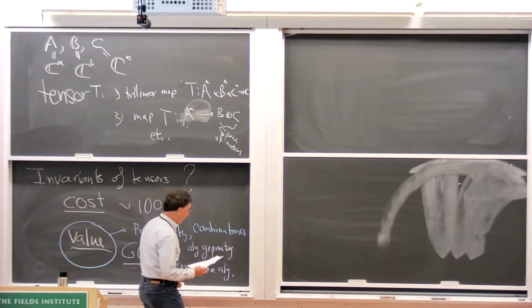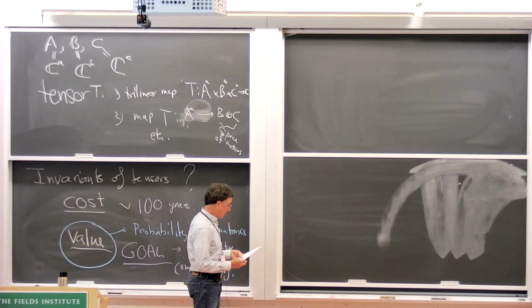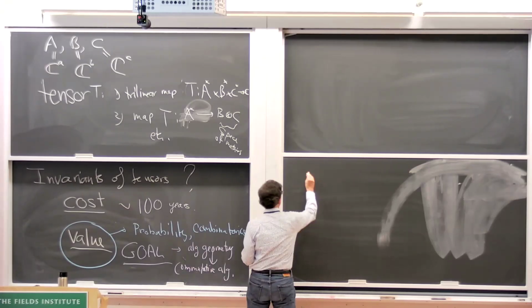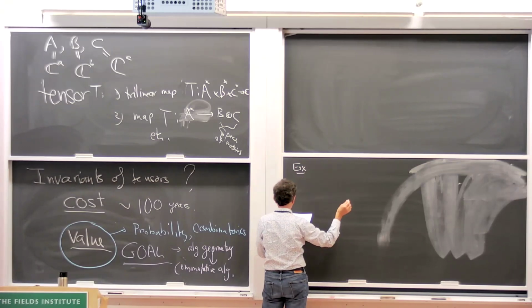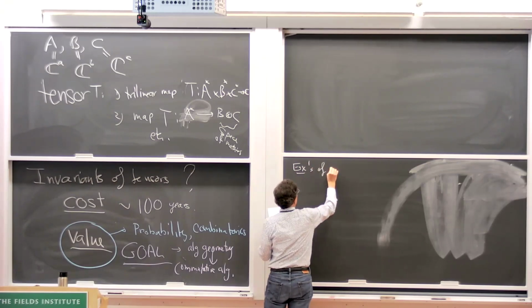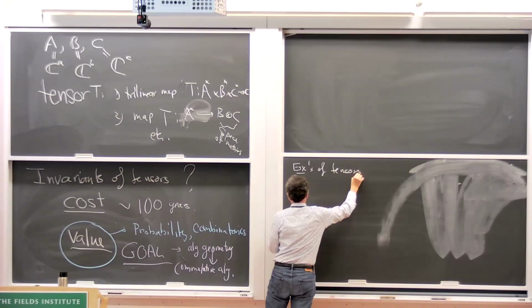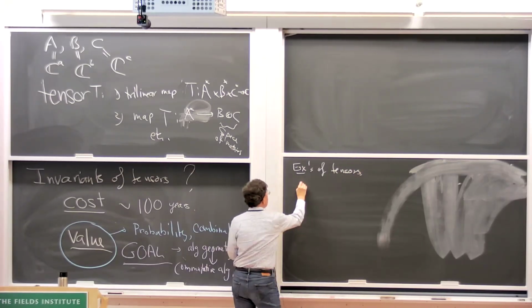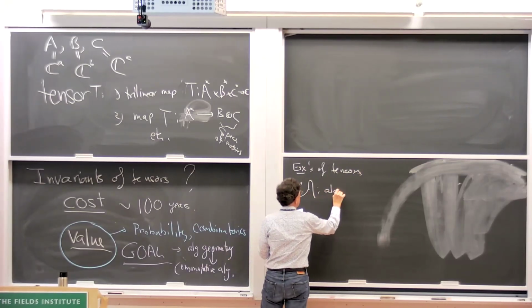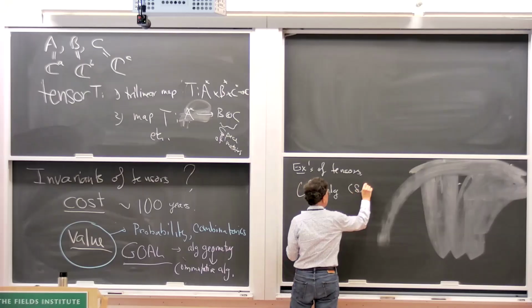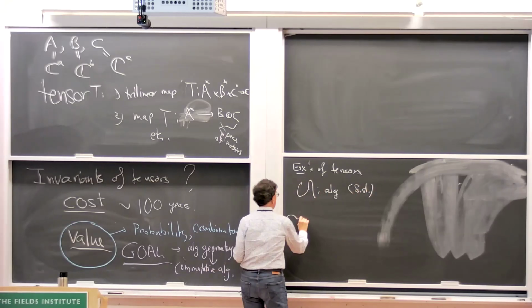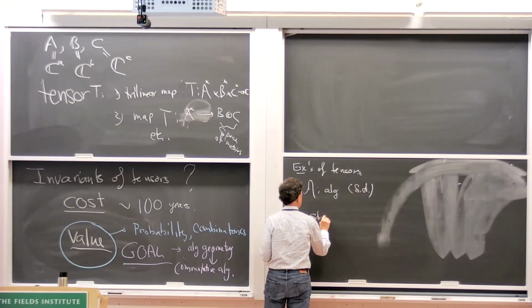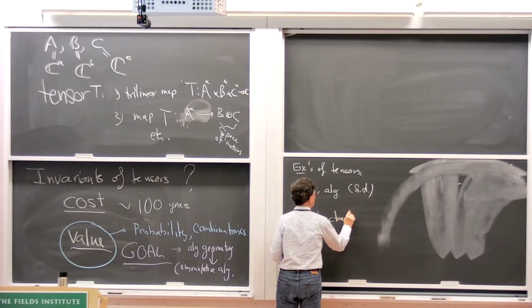So let me be a little bit more precise. But first, I should give you an example of a tensor. Let's say A is a finite dimensional algebra. Given an algebra, we get its structure tensor.